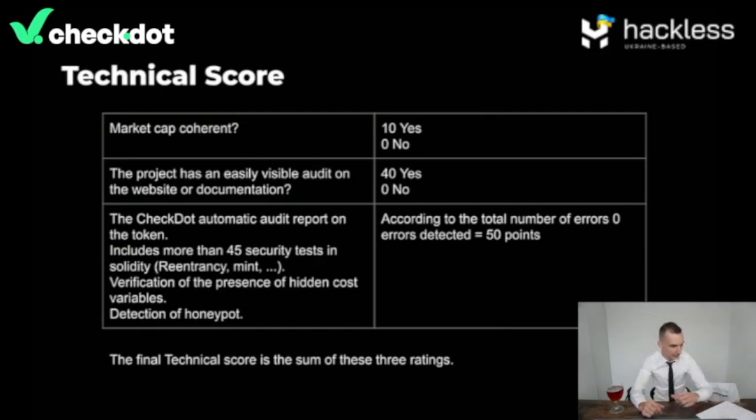An analysis of the market cap coherence, if it's well distributed in relation to the total supply, whether the project fully displays source code and code audit in their documentation or on their website. And the last part consists in analyzing the source code of the smart contract token project.